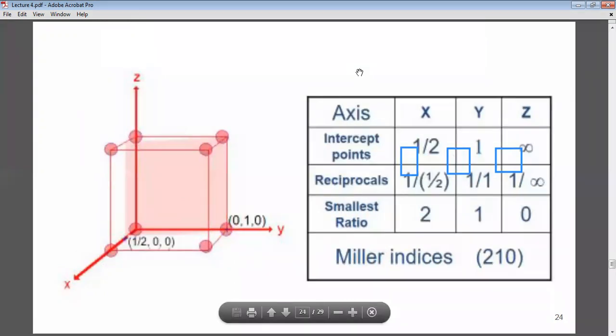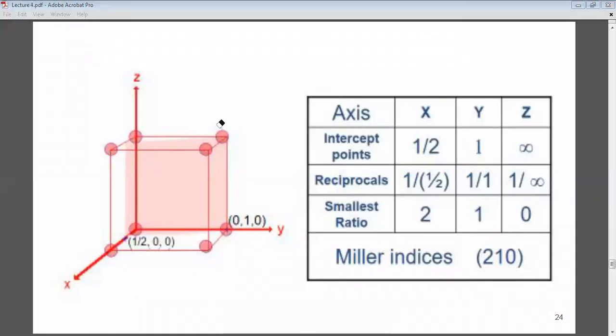This one over here doesn't hit the z-axis. So it hits the x-axis at half, the y-axis at 1, the z-axis at infinity. And then I take the reciprocal, so I get 2, 1, 0.